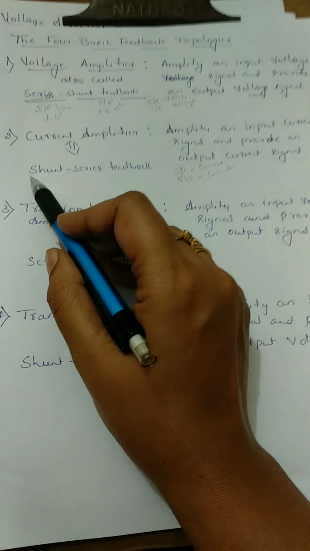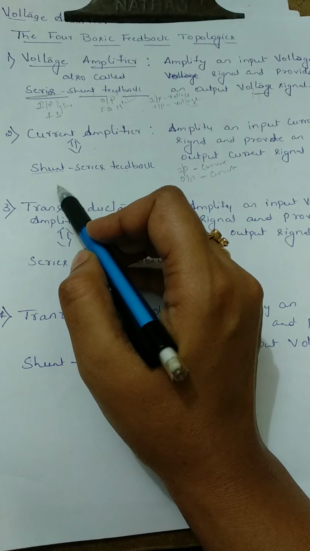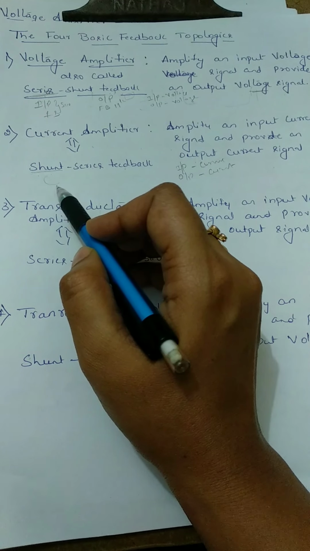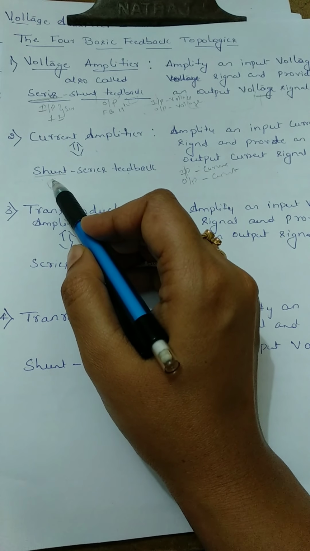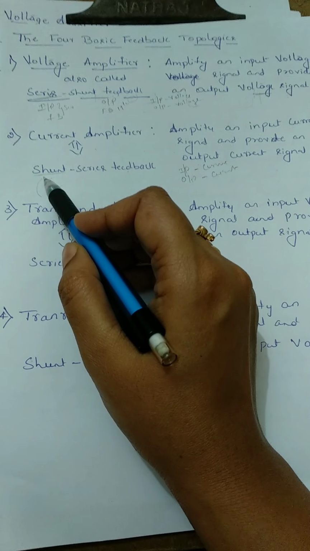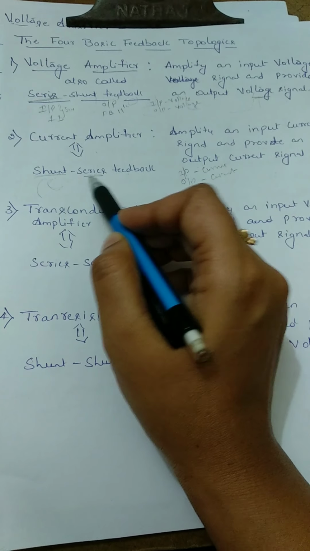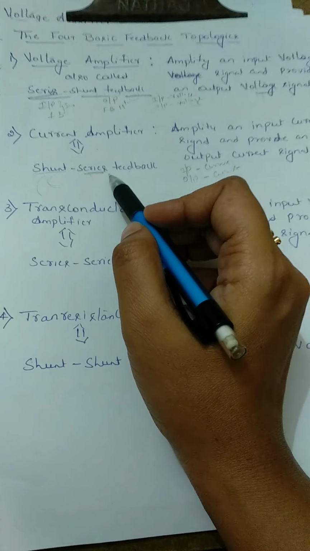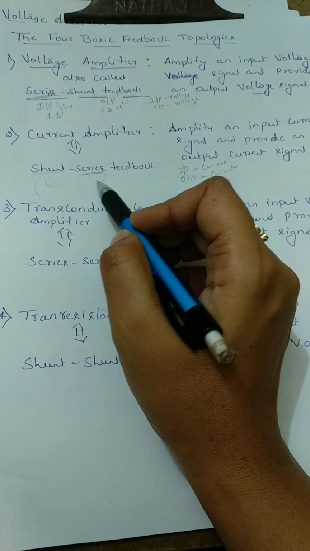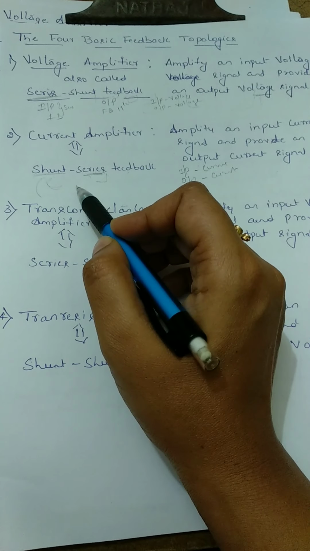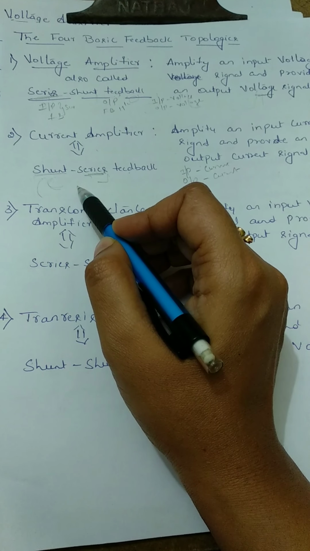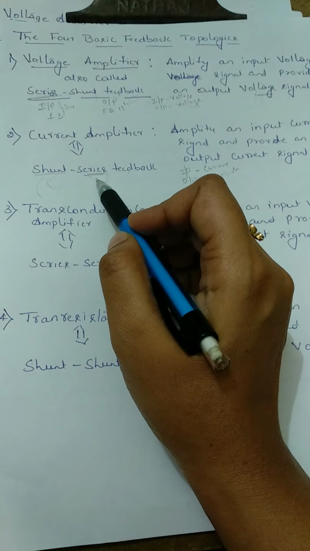Why it is called shunt is because the feedback signal, that is the feedback current signal, is connected in parallel to the input signal. Why it is called series is that the output current signal is connected in series to the feedback network. That is why it is called shunt series feedback.